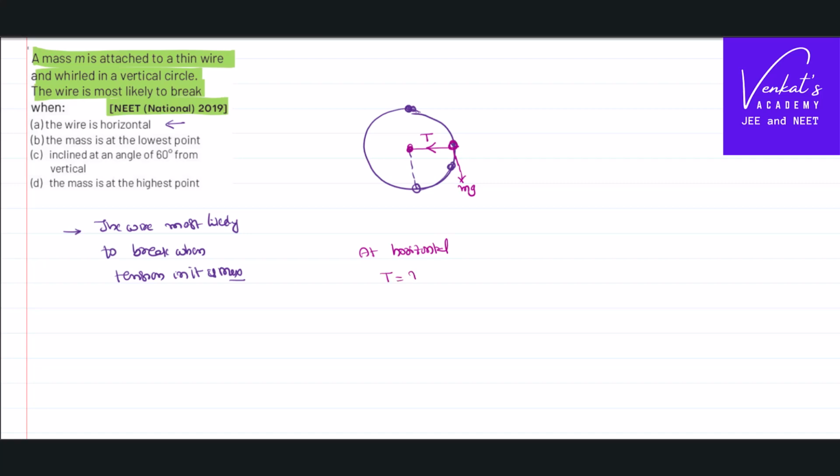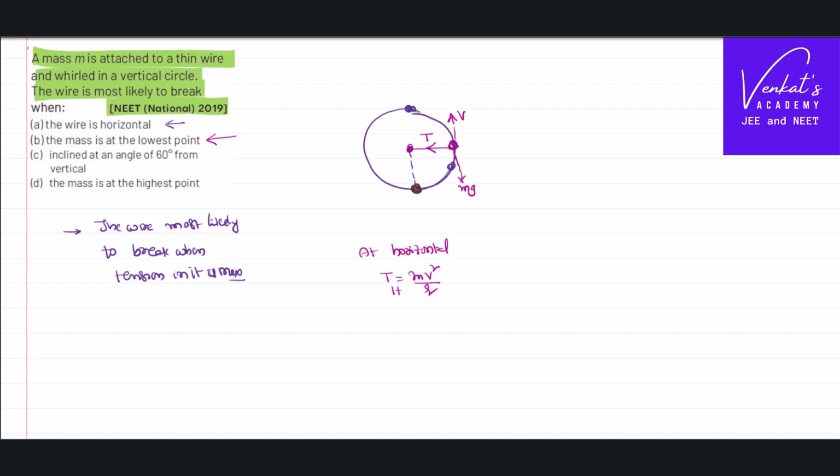That tension provides the necessary centripetal force so that the body can move in a circular motion. So if the body is moving at this instant with a velocity v, tension at the horizontal position is mv square by r.